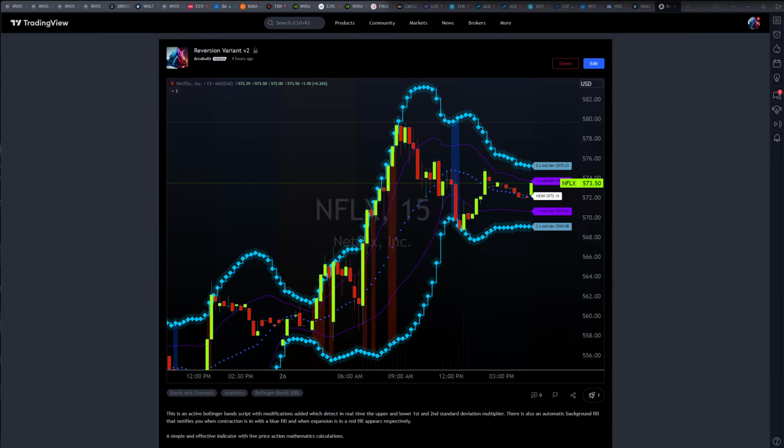So this one here is just an active Bollinger Bands. It's a volatility indicator telling you whenever you're at critical expansion with these background red markings. It's a background fill, and the blue background fill when you're at critical contraction, which is the opposing side. Also, please notice that you do have labels here.